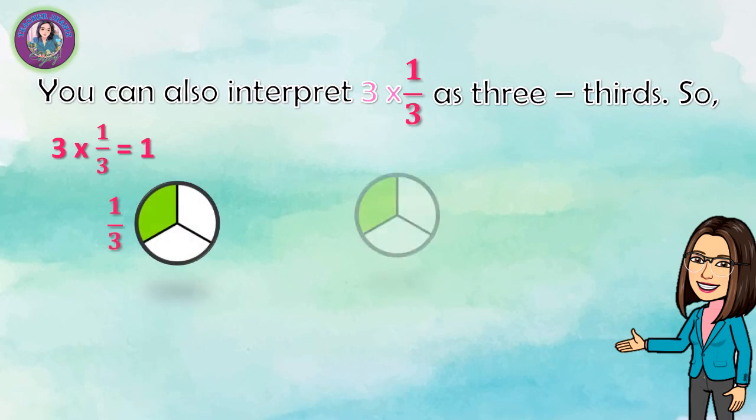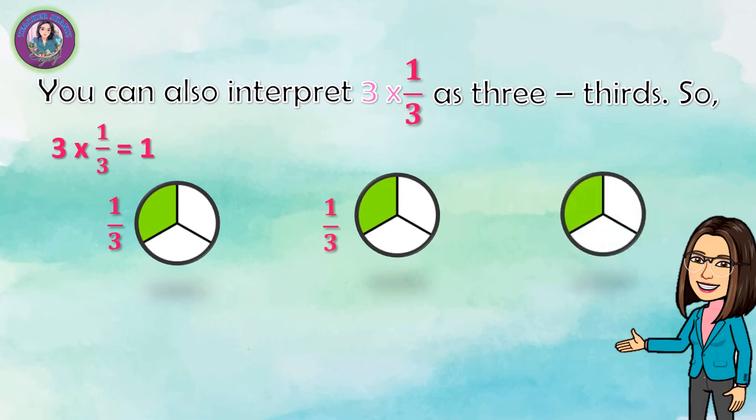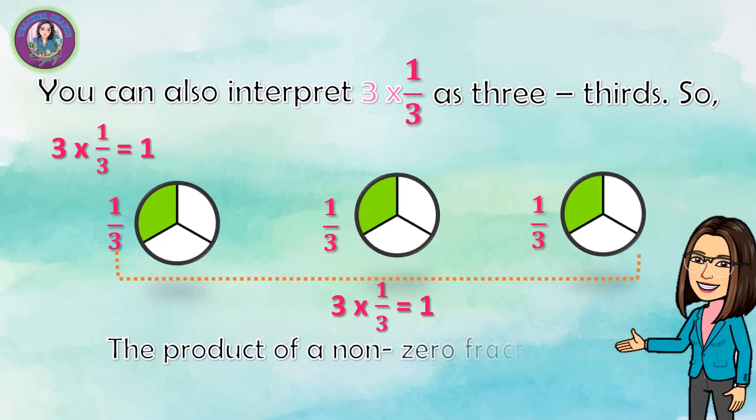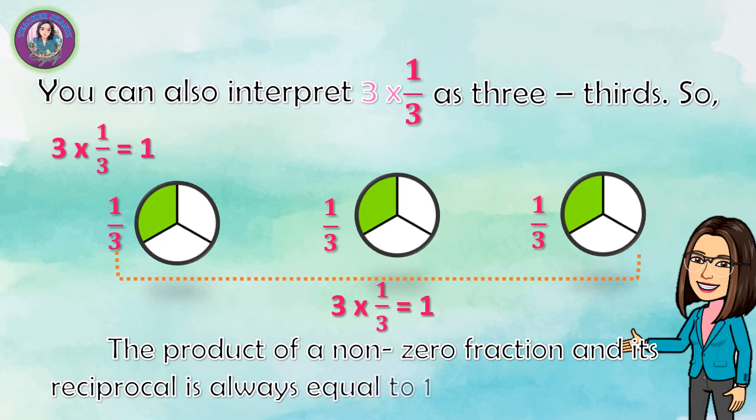There are three thirds, or 3 times 1/3, that's equal to 1. The product of a non-zero fraction and its reciprocal is always equal to 1. Remember that.